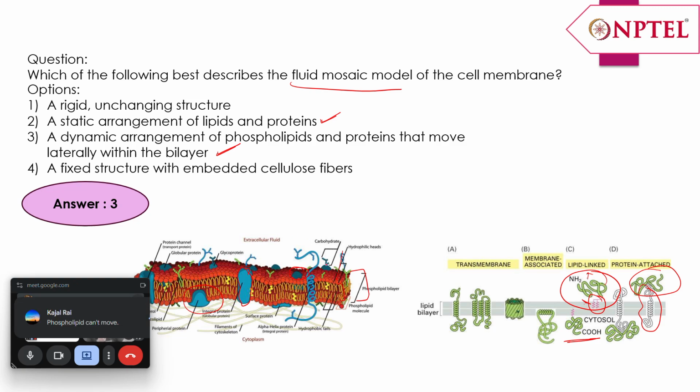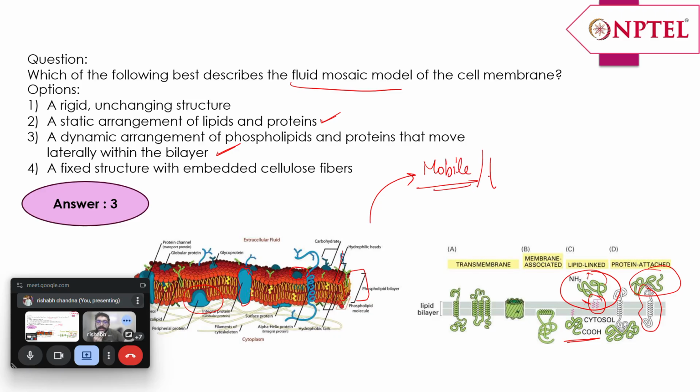Now there are no, I'm coming to that. Okay, so what happens is, if a cell membrane is living, that means this membrane or the phospholipid bilayer needs to be mobile, or it is fluid in nature.